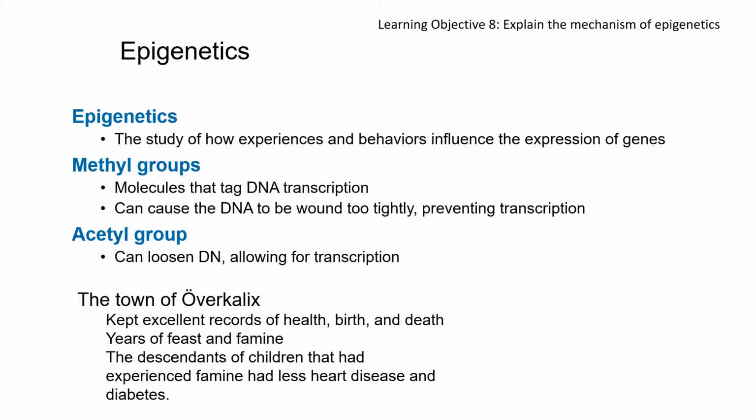I kind of explained it already, but epigenetics doesn't change the genes themselves, it doesn't change our DNA itself, it just changes how our DNA is coiled, or the structure of the DNA. So it doesn't change our A's, C's, T's, and G's at all, it just changes the actual coiling of it.